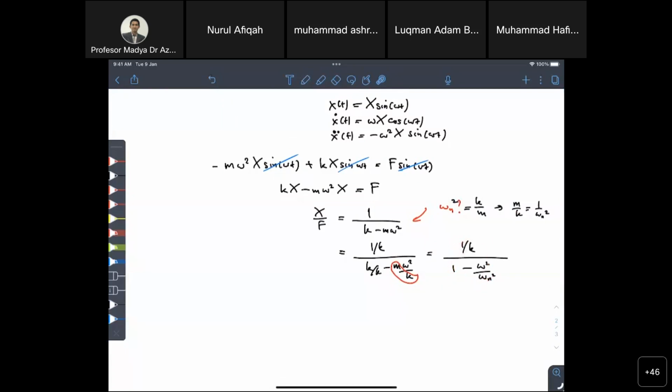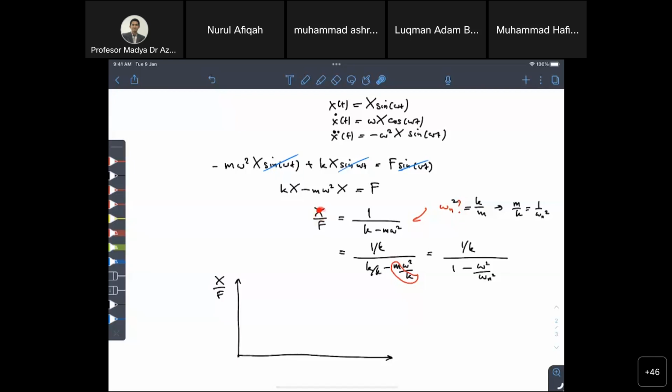So x over f, we want to plot it in a graph because we want to see what happened. What is x over f? x is the amplitude of vibration, and f is the force that excites the pipe, the force from the fluid exciting the pipe.